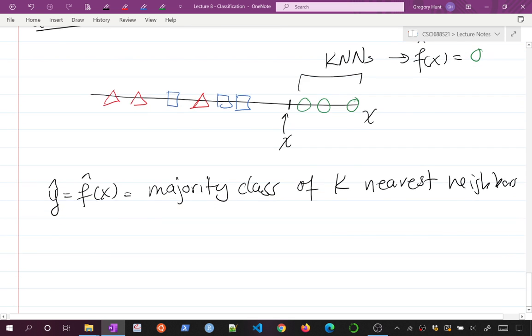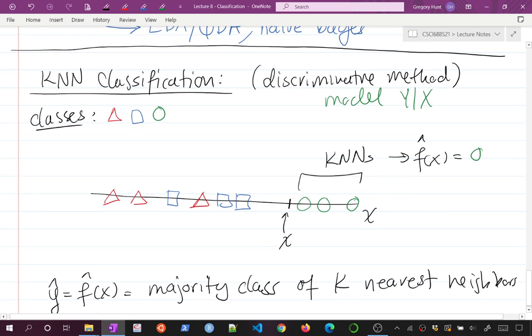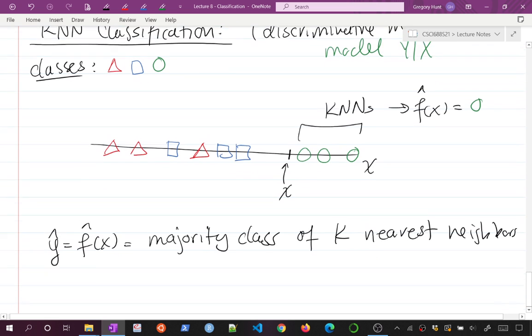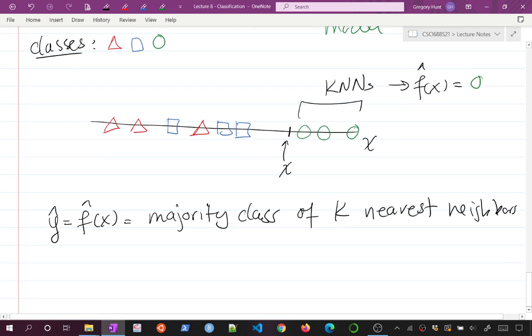You can view it as, so I said it's a discriminative model, so in some ways it's modeling y as a function of x. Our Bayes classifier said that what I want to do is calculate this quantity, the probability that y is in class c, given x is little x.